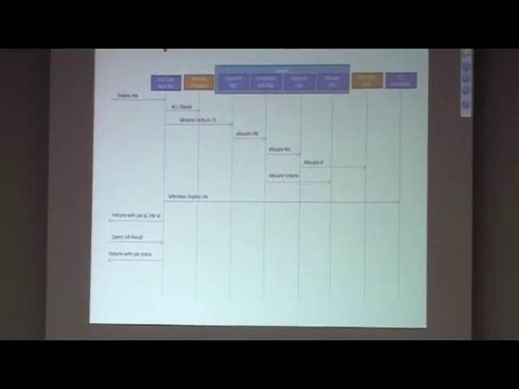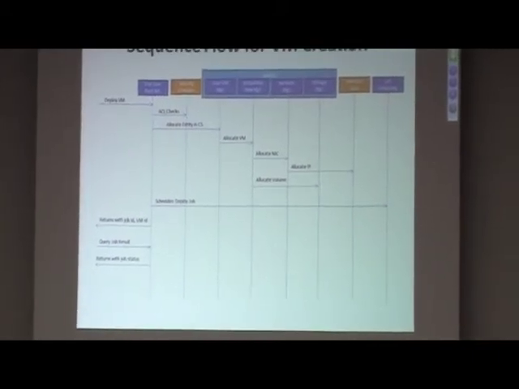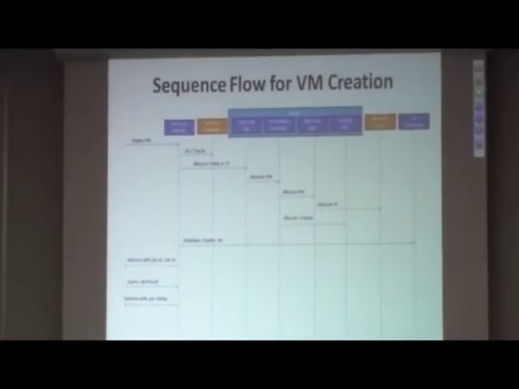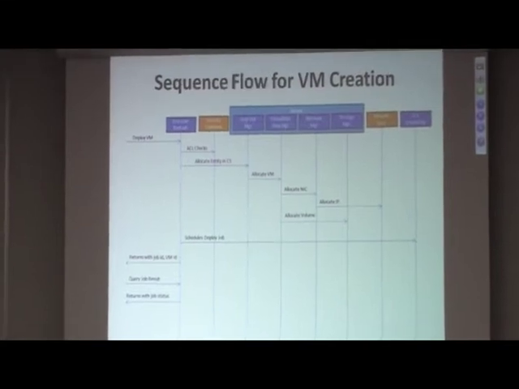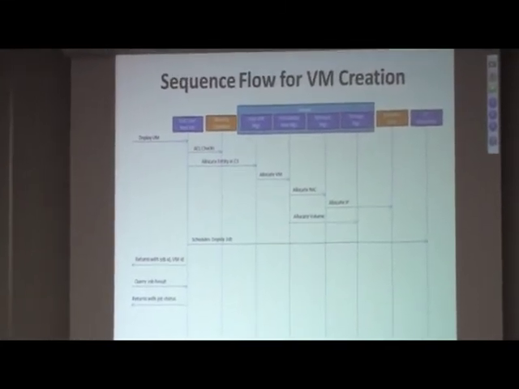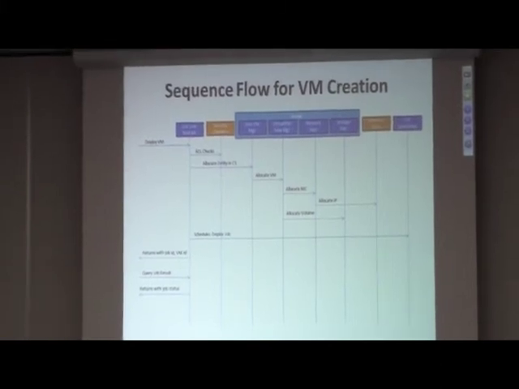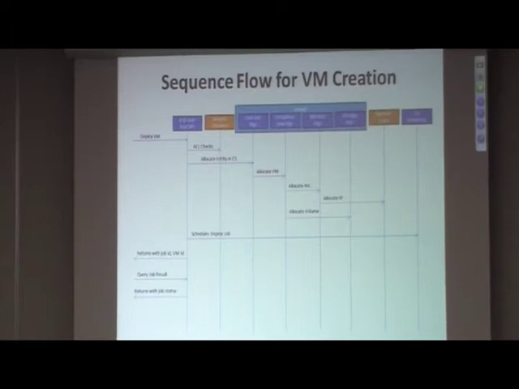So earlier in the introduction, I showed that CloudStack's deployment starts off with a front end, and when the front end receives a request to do a certain action in CloudStack, it actually files that into the job queue, and then something else will bring up the job and execute that job. So this is the first phase of that access.